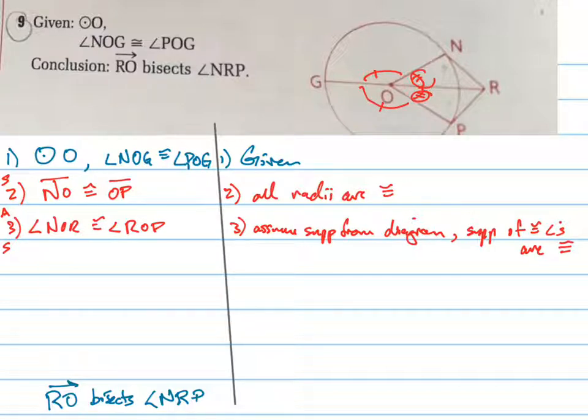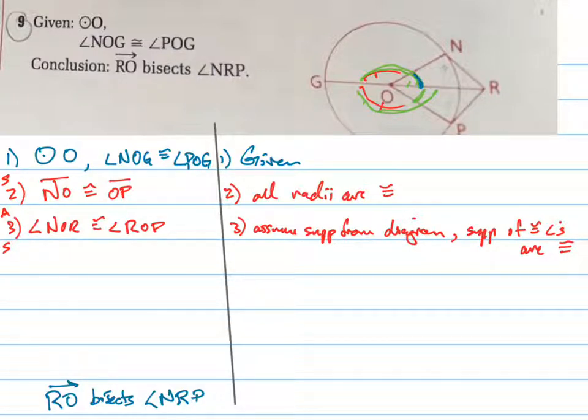Got it? What did you get NOR? So again, what did I take? I took these supplements right here. See how that adds up to 180? That's a straight angle. And see how that adds up to 180? So these two right here, let me change the color to blue.